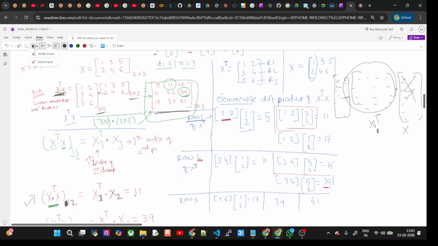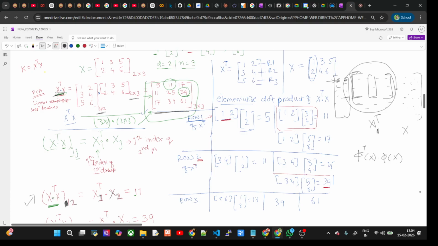Maybe I'll remove this part. Just consider this one here. Instead of calculating the bigger X into X transpose, I am interested only in this row of X transpose and the column of X. I am just using that multiplication to get your actual data of phi transpose X into phi transpose.